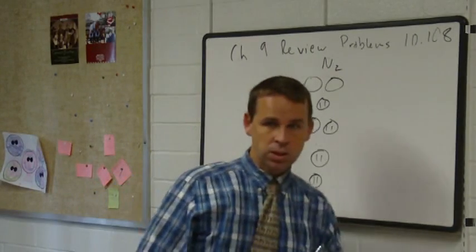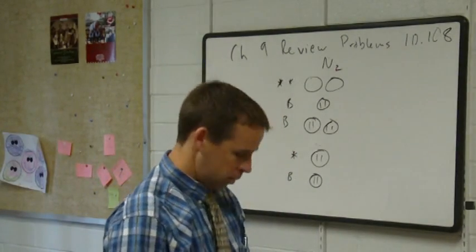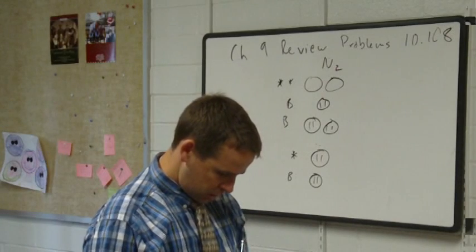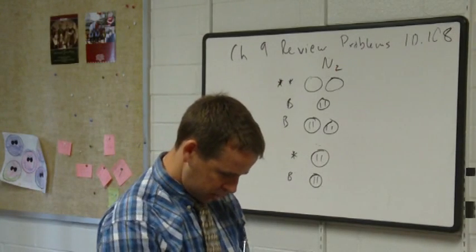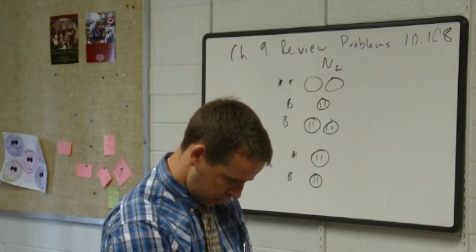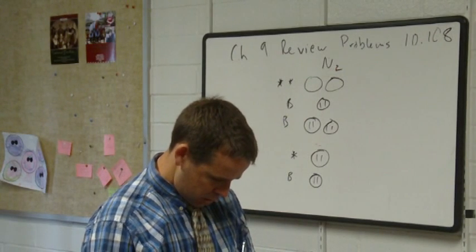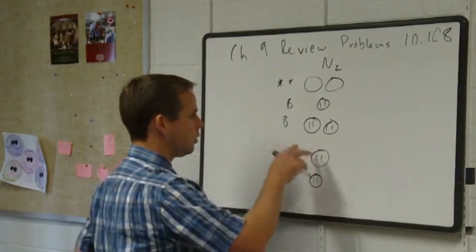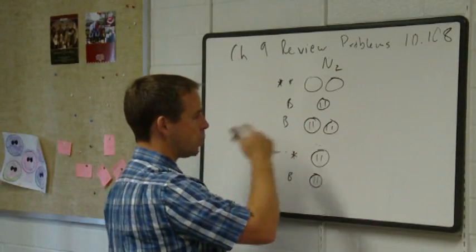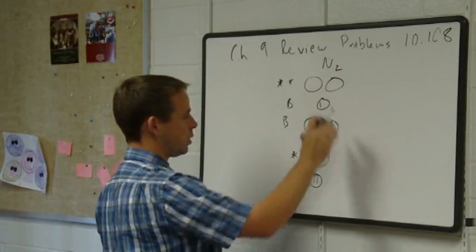Okay, so the question is, what's going to be better now? Nitrogen, N2 or N2 plus? N2 has 10 electrons, and the plus is going to have 1 fewer electron.